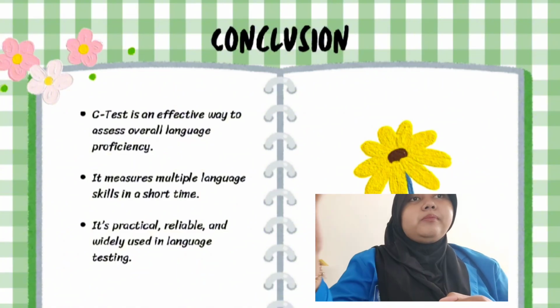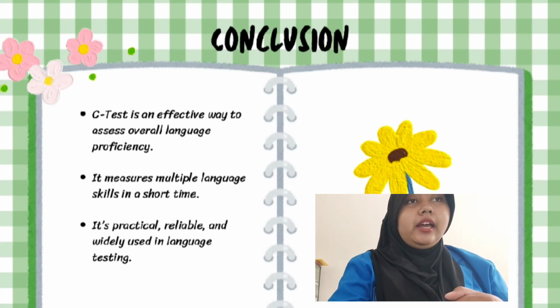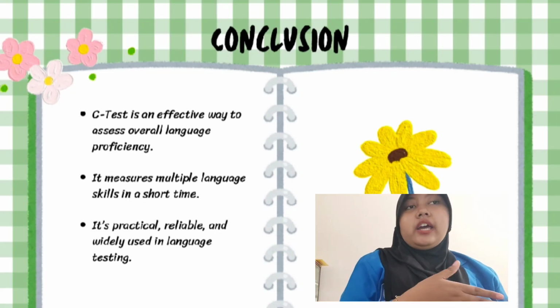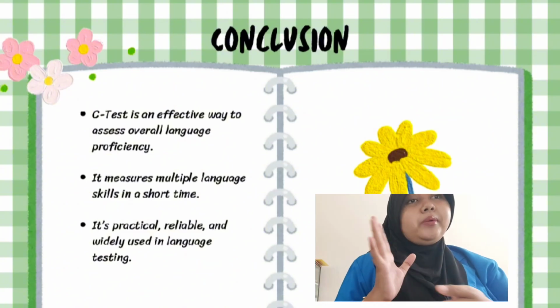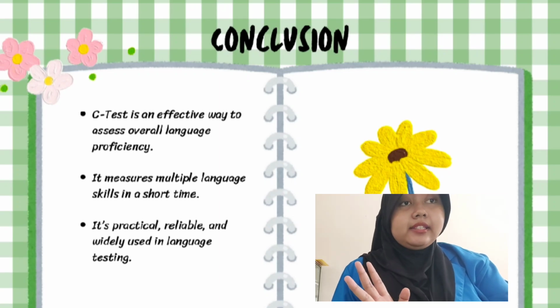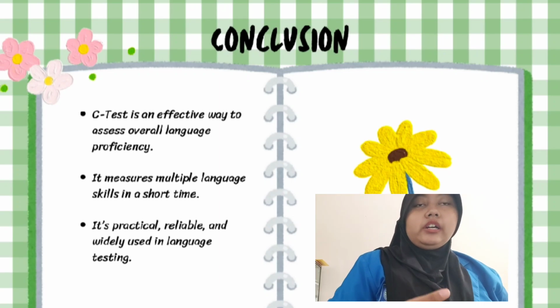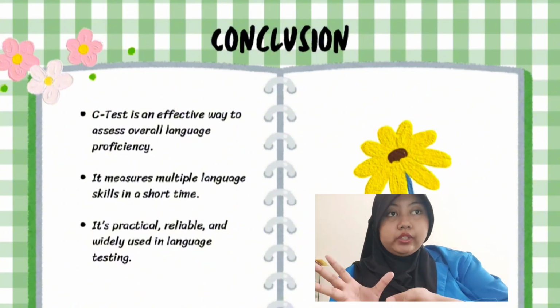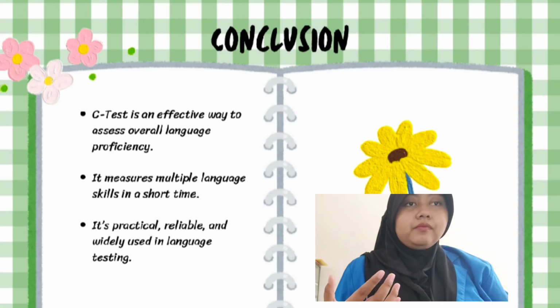Overall, in summary, this presentation explained what language assessment is and why it matters, what a C-test is and how it works, the proposed advantages and limitations of the C-test, the steps to create one, and a clear example to illustrate how it looks in practice.